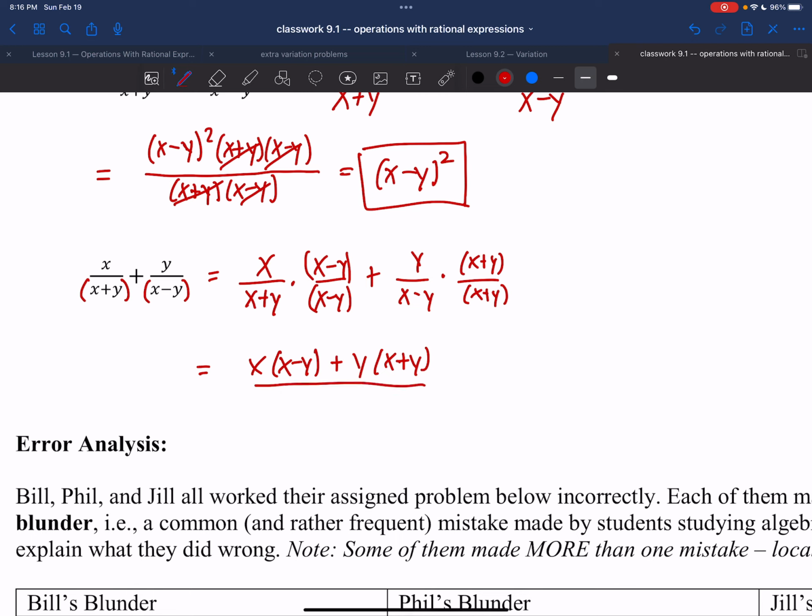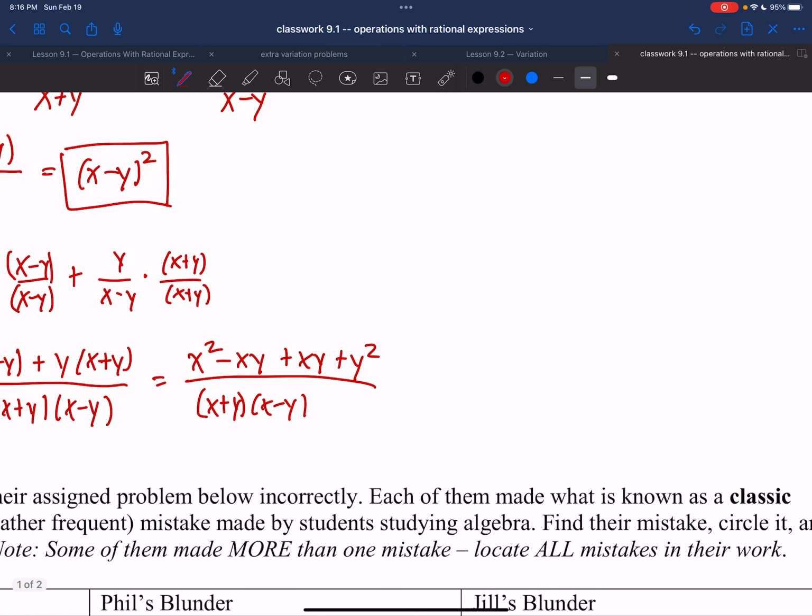Okay, so notice what I'm doing here is I've got an LCD here, x plus y, x times y minus y. And in the numerator, I'm just putting these things together. This is x times x minus y plus y times x plus y. If I distribute this, I get x squared minus xy plus xy plus y squared over x plus y, x minus y.